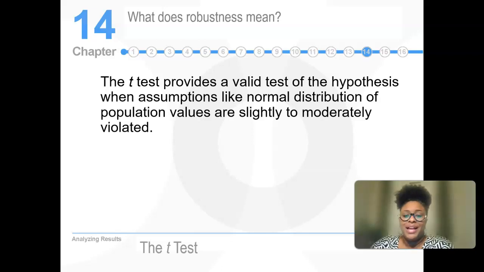The t-test provides a valid test of the hypothesis when assumptions like a normal distribution of the population values are slightly to moderately violated, meaning there are variances or extreme variances or shifts within the data.